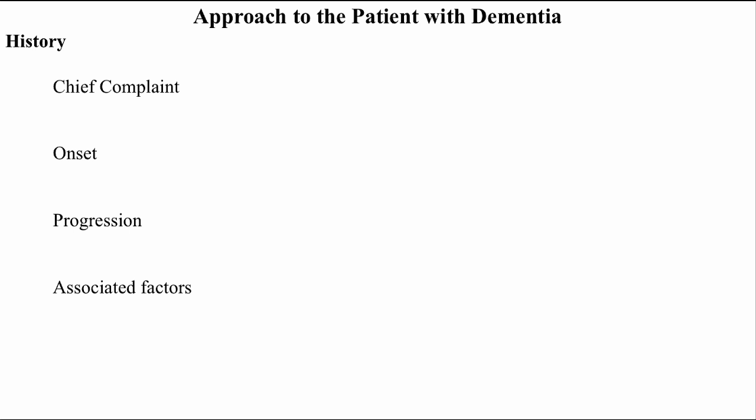In history, the patient presents to you with a complaint. What will be the chief complaint of the patient? The patient may tell that he is having some memory problem. He is not able to recall his past moments, like episodic memory, means important episodes of life are gone from his mind, like when he was married, when he was born, when he cleared an exam, when he got his job, right?